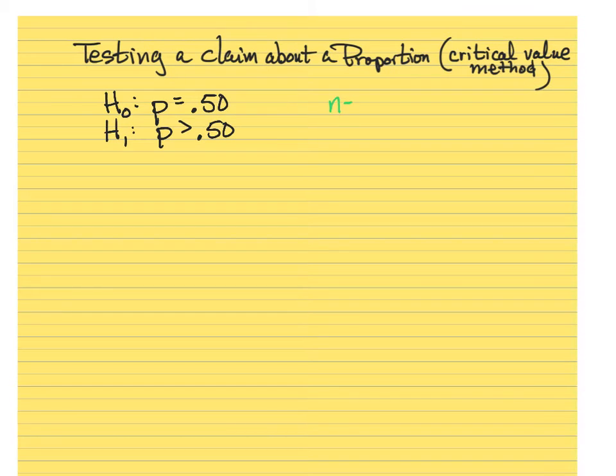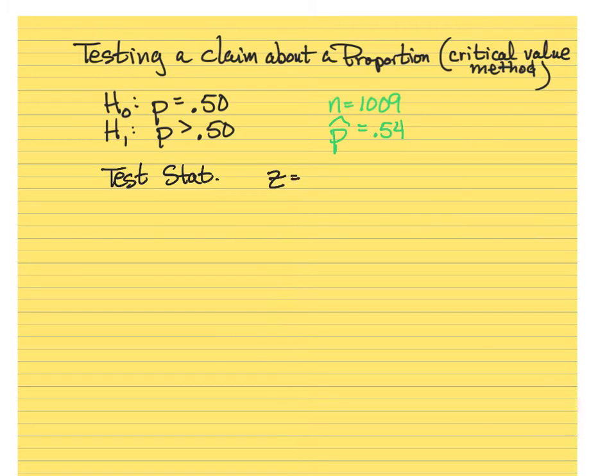So we go out and gather our data. We're using the exact same thing. N equals 1,009, and we found from our sample that we had 0.54. We want to calculate our test statistic, and this is the same in both cases.